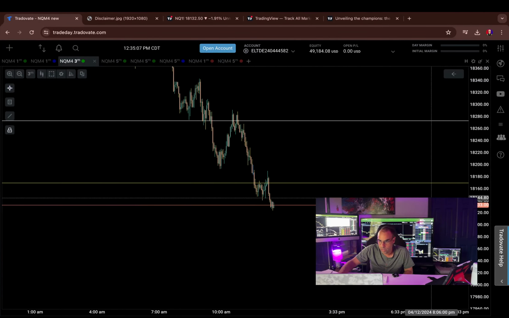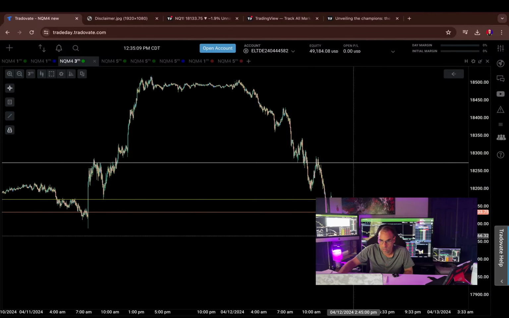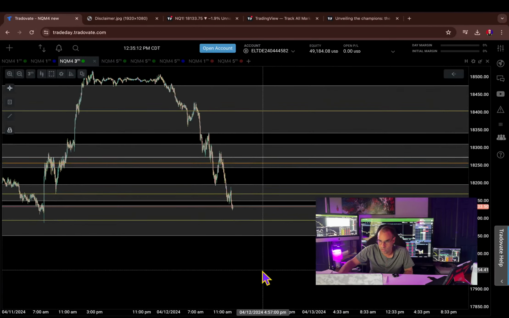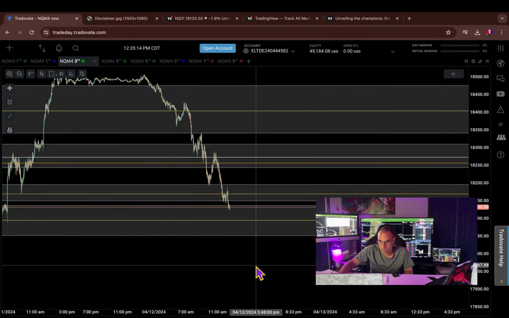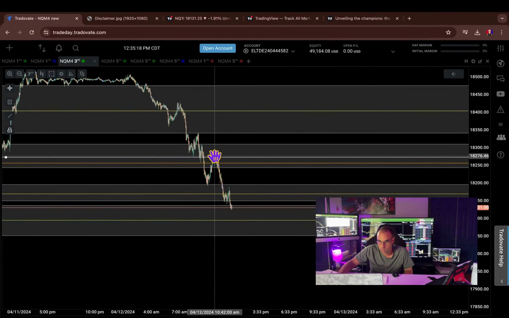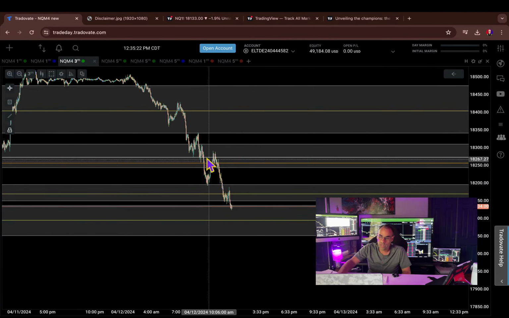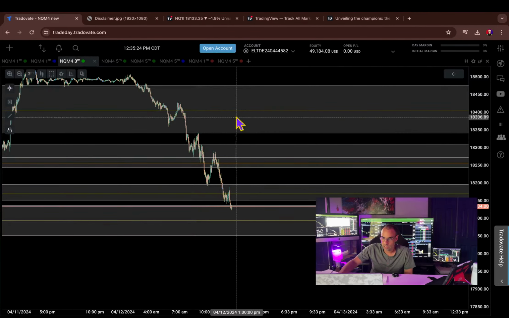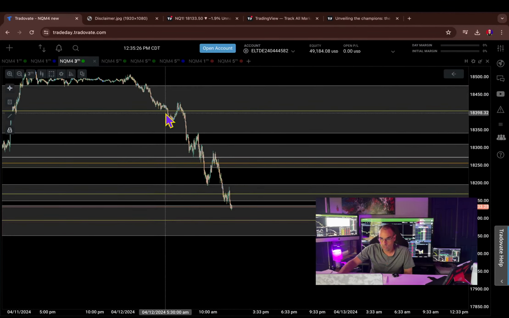We go to the 3-minute. We had some areas mapped out. Look at how my white line ended up. Now, I wasn't trading during this. I did this yesterday, the schematics. So this price action was not there yet, okay?